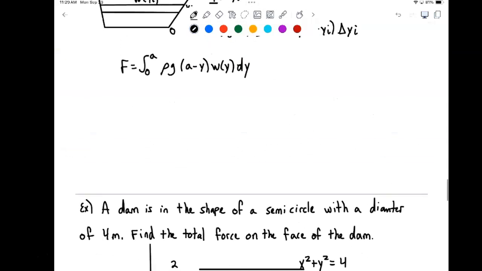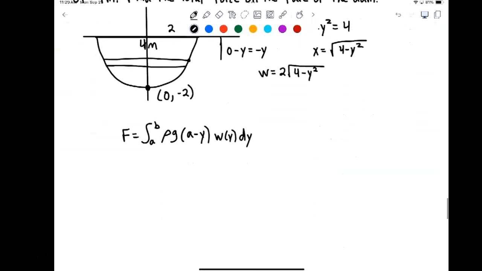So putting all that together, our width function is 2 square root of 4 minus y squared, and our depth is just the opposite of whatever y currently is.